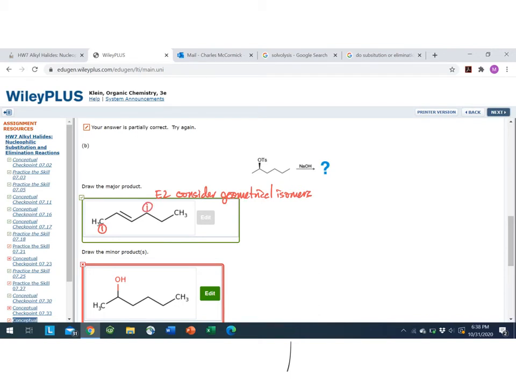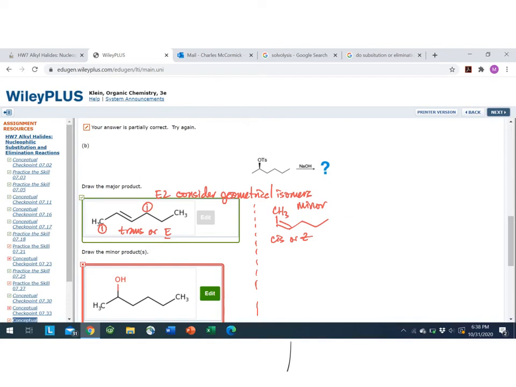So that's the trans, or we would say E. So a minor product would be the Z or cis. So this, again, would be a minor product. So those are di-substituted alkenes.